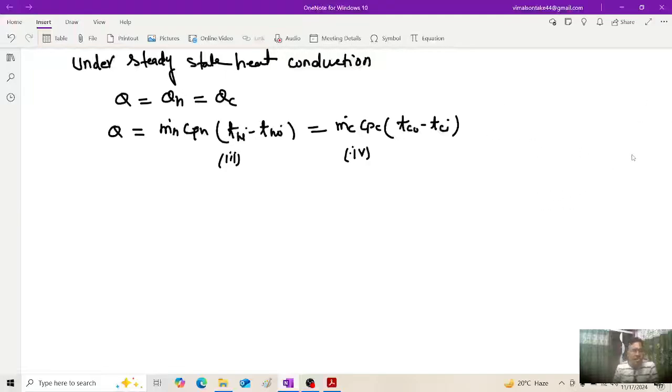So let us take from equations 3 and 4. At this moment I will neglect the Q. So from equations 3 and 4, now let us put all the values.